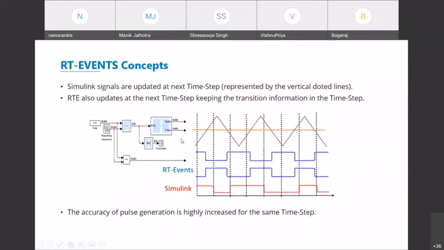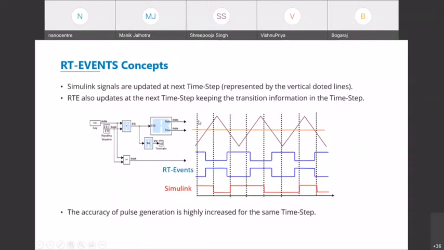What we are trying to understand is if these blocks are replaced by the normal SPS blocks, the normal blocks in the Simulink library, then whenever the value of 0.5 is greater than the triangular value, we will have a logic 1. If we look at the Simulink result, at the initial time step, the value of 0.5 was greater than the carrier, and we have our logic 1 over here.